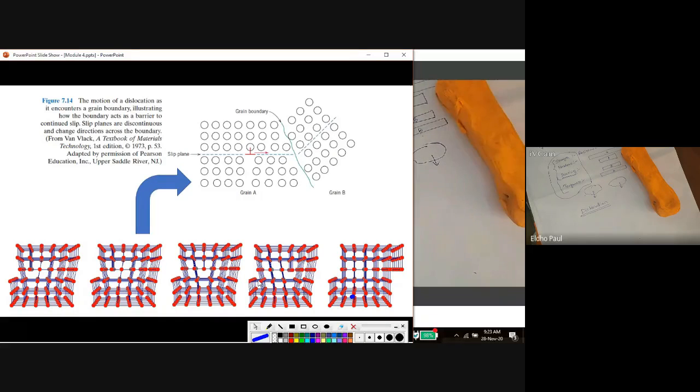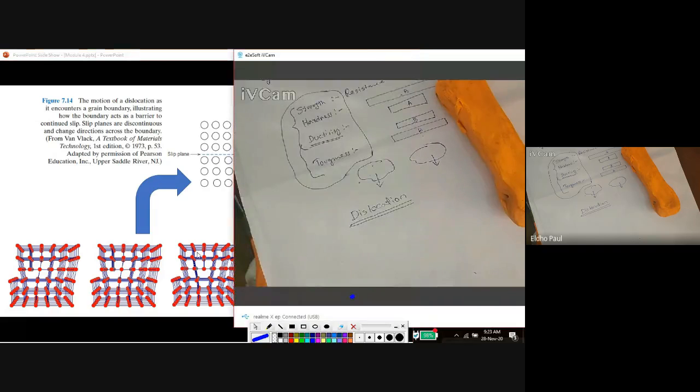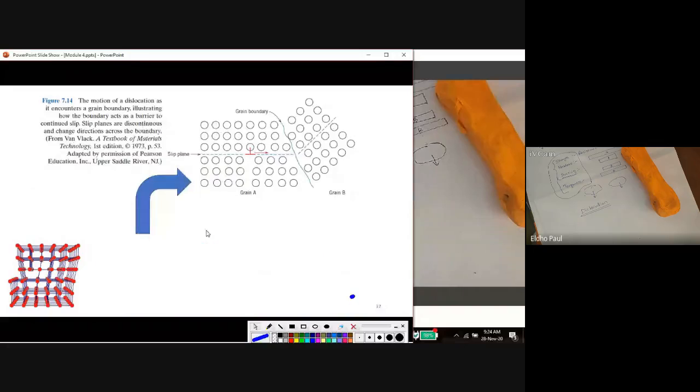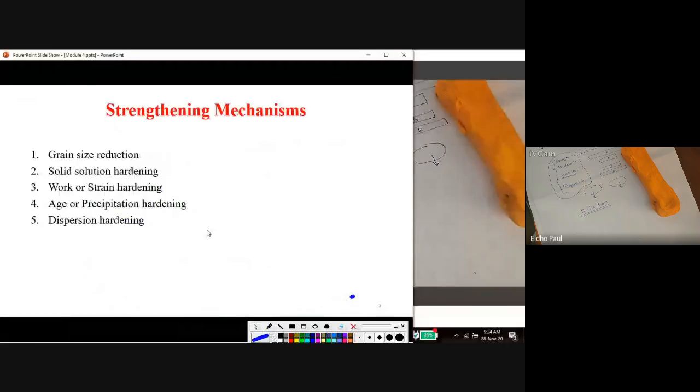Another possibility is to restrict the movement of the dislocation. Maybe there are some dislocations, but if we can restrict their movement, then we can improve the strength of the material. All the strengthening mechanisms we are discussing here are based on these factors.